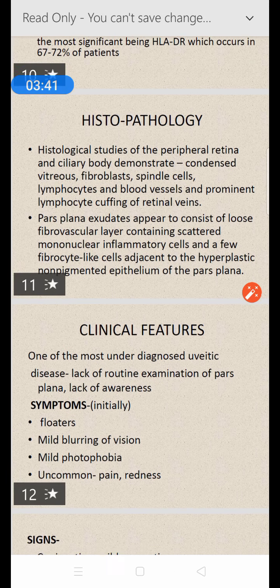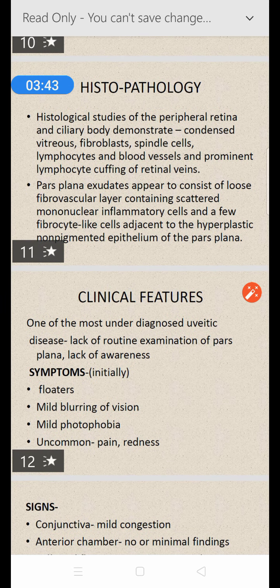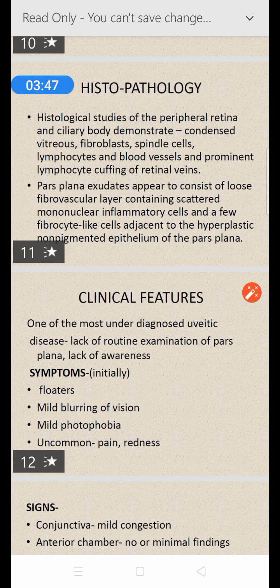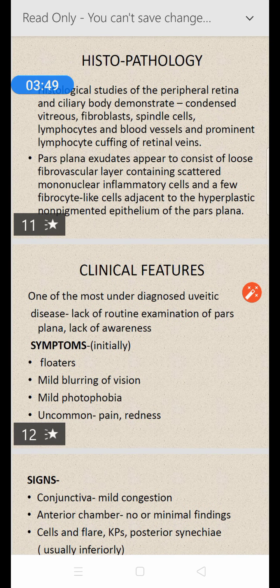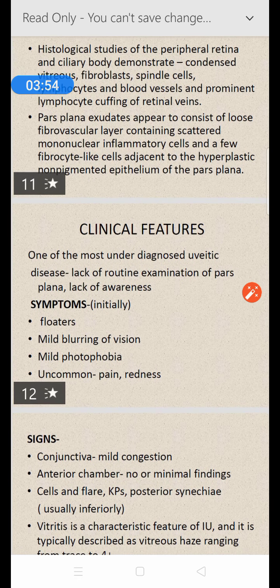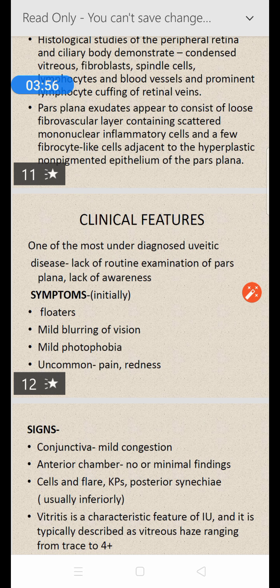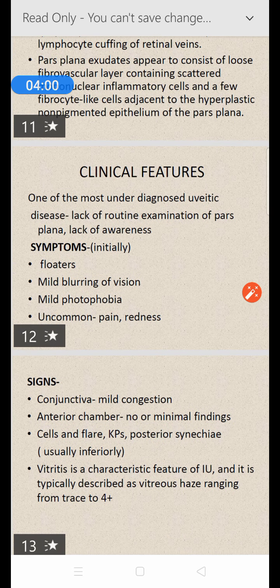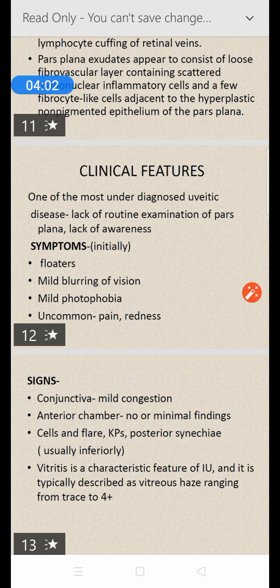Clinical features: intermediate uveitis is the most underdiagnosed disease. Why? Because of the lack of routine examination of the pars plana and also the lack of awareness. Because in intermediate uveitis, most of the time the eye looks quiet.